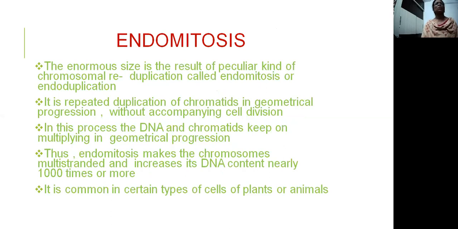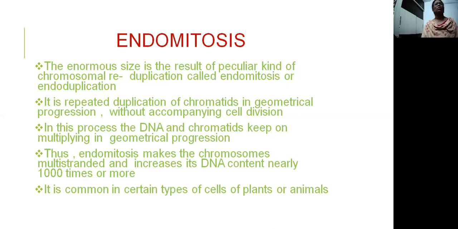Their enormous size is the result of a peculiar kind of chromosomal reduplication called endomitosis or endoduplication. It is nothing but the repeated duplication of chromatids in geometrical progression without accompanying cell division. So there is no separation of chromosomes, but the DNA replicates and they remain attached to the same centromere.